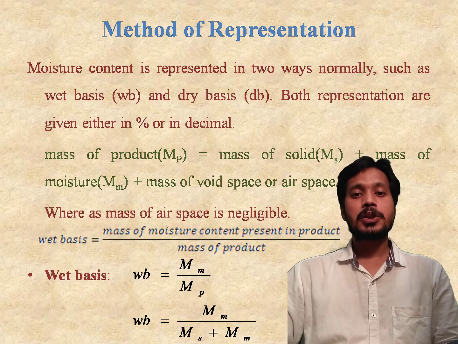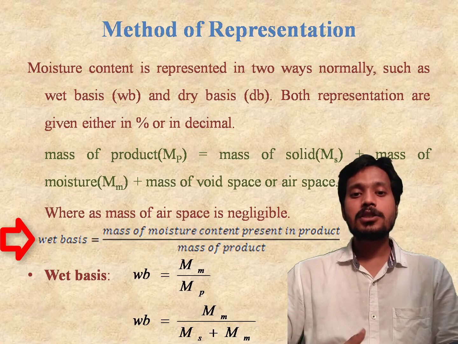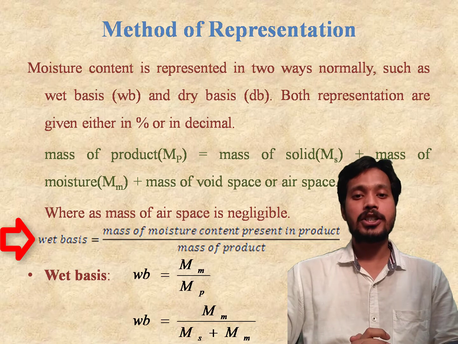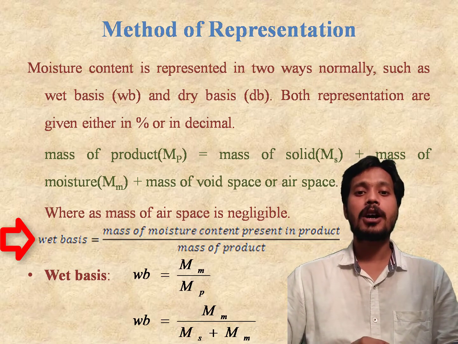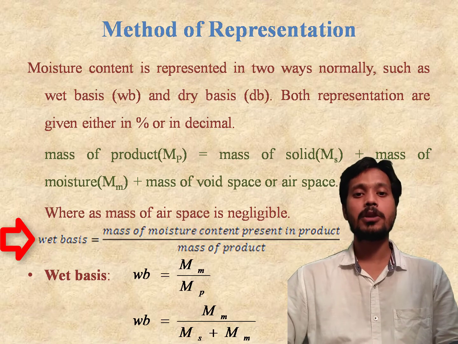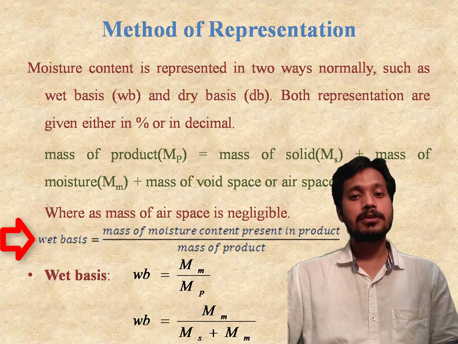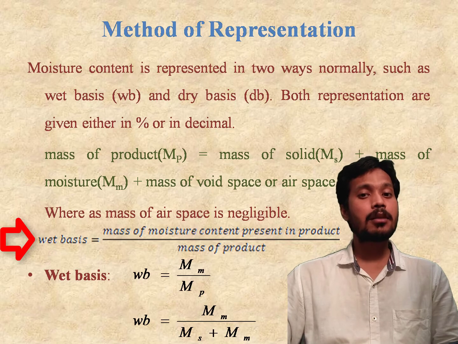Okay. So what is this wet basis moisture then? This wet basis moisture is nothing but the amount of moisture, meaning how much moisture is present out of how much total product. I already gave you an example. If you remember, in 100 grams of paddy you had 40 grams of moisture and 50 grams of solid.